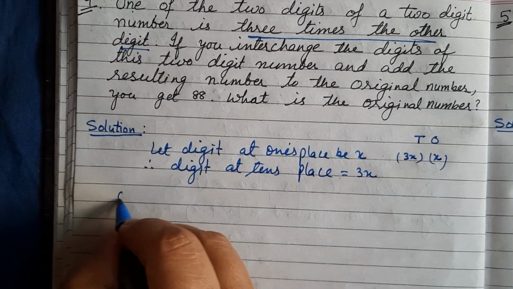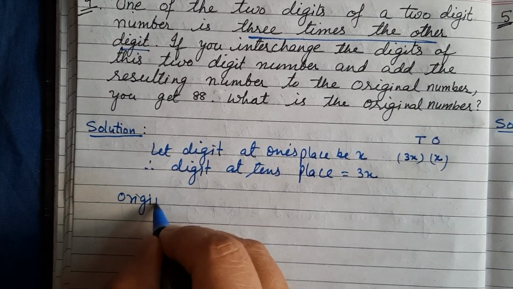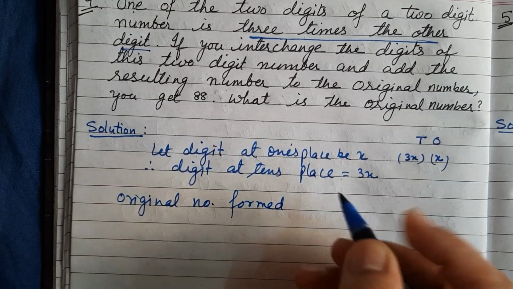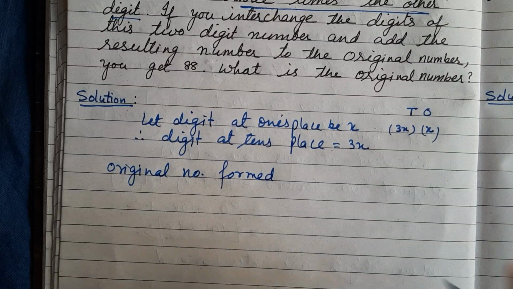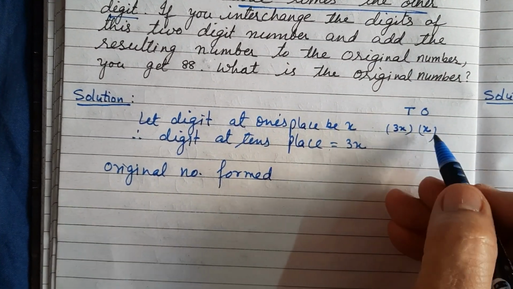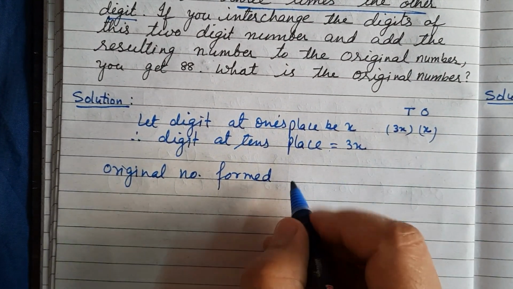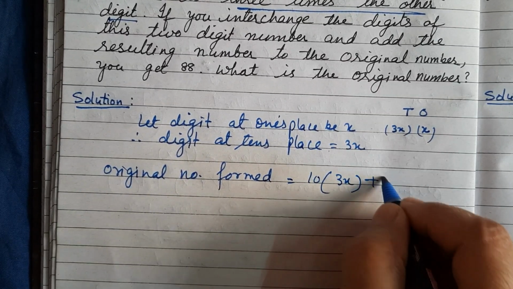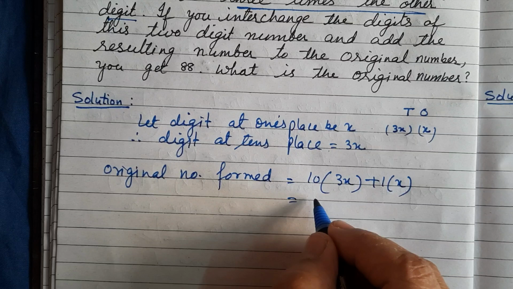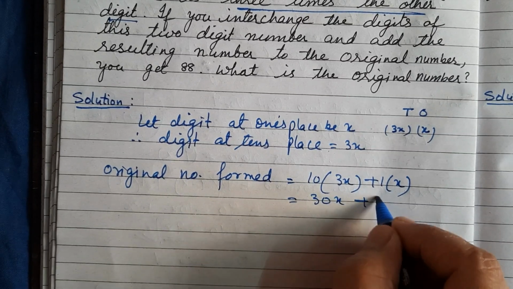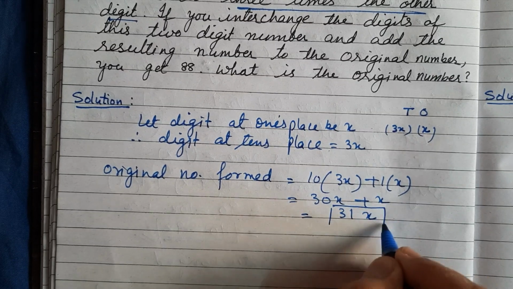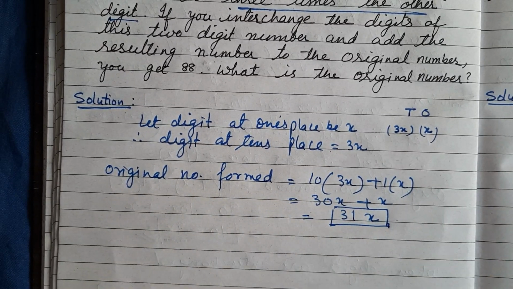Now original number formed: multiply digit at tens place by 10 and digit at ones place by 1. 10 into 3x plus 1 into x, which is 30x plus x, that is 31x. So this is your original number.